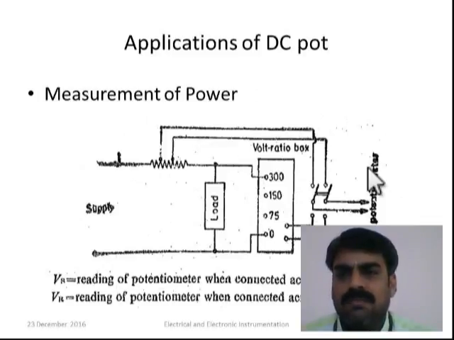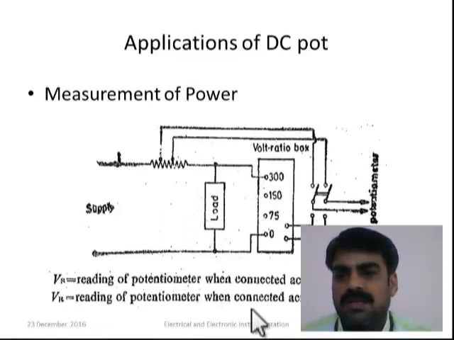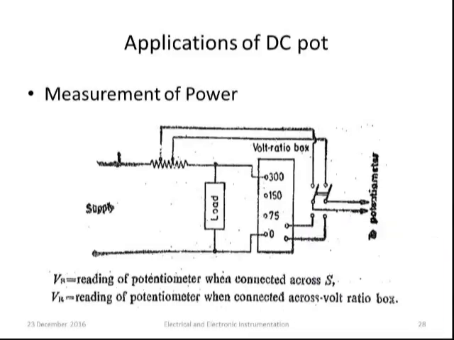And this can be used to measure power also. It's shown over here. Here is the voltage reading of the potentiometer when connected to the standard resistor, and voltage VR is when connected across the voltage ratio box, that is the load.